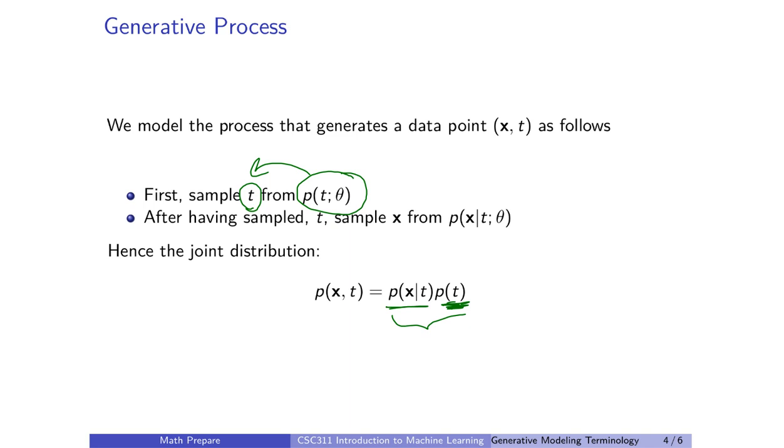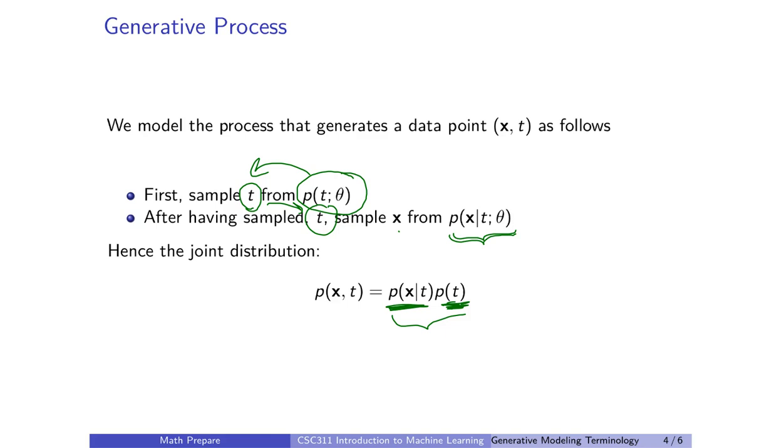Then we have the second term over here, which says that now that I have this t, I'm going to sample my x from this distribution, probability of x given t, which is going to be different depending on the value of t.